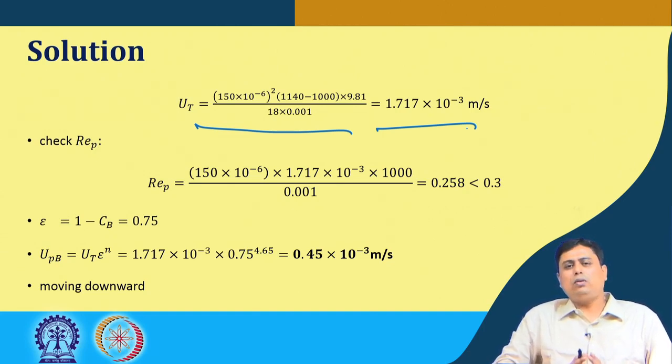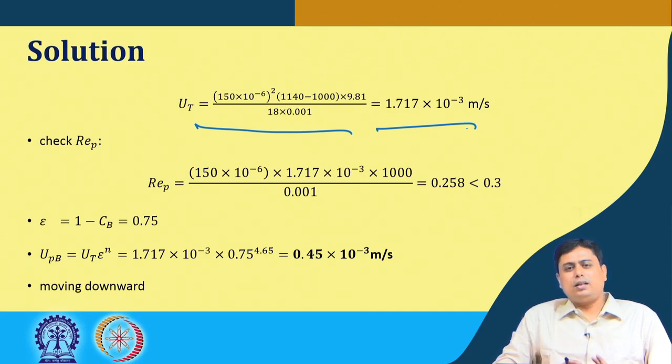To calculate the terminal velocity, we had to assume a certain flow region, be it the Stokes law region, Newton's region, or the transition region. In all the cases, you remember how to calculate ut.